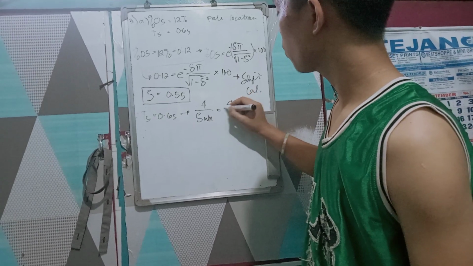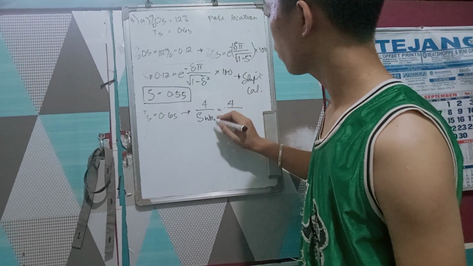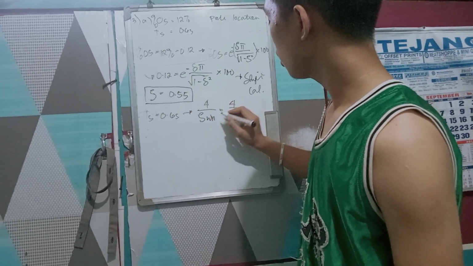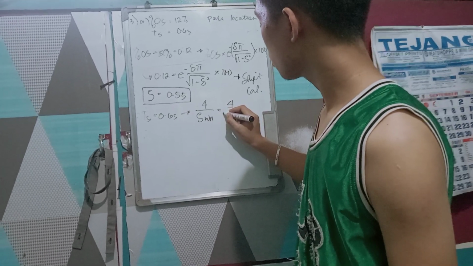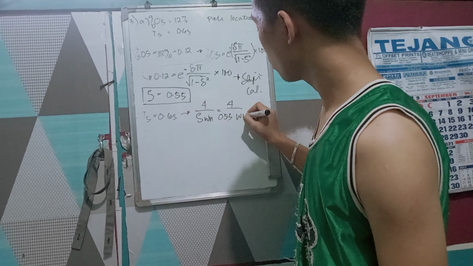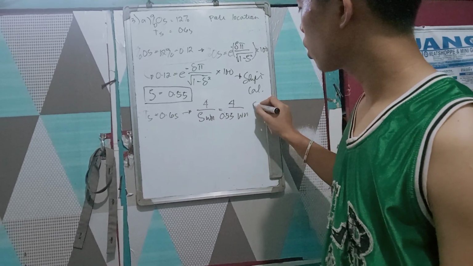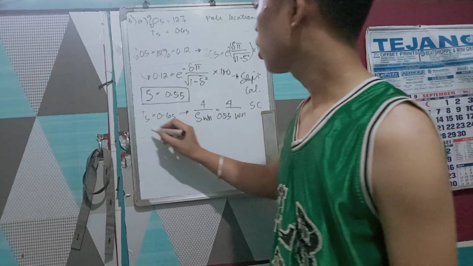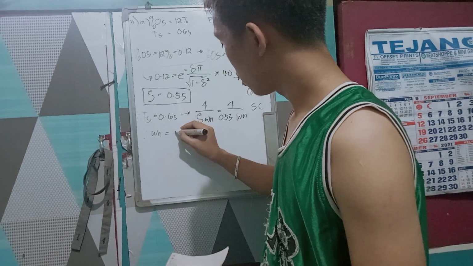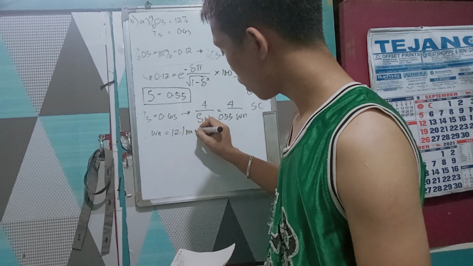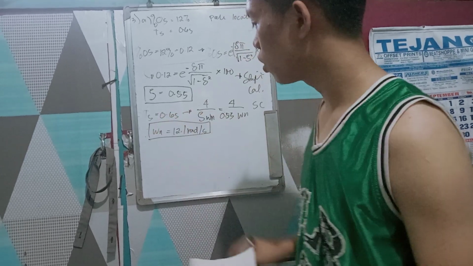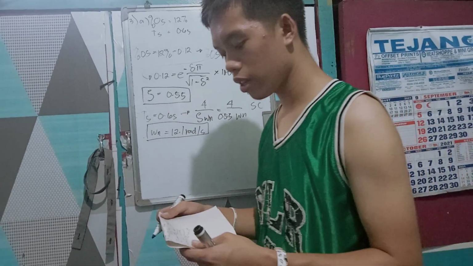Therefore, if we're going to find WN, simply input the damping ratio, which we have, 0.55 times WN. So we try to shift calc, and WN would now become 12.1 rad per second.